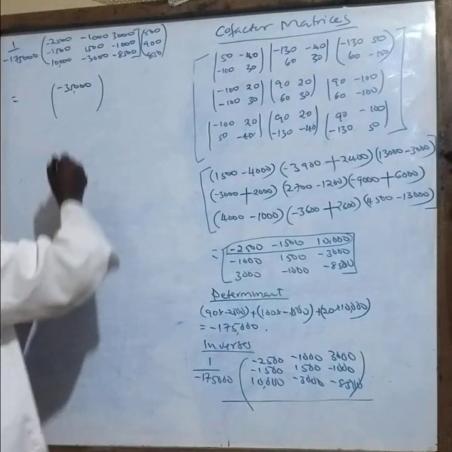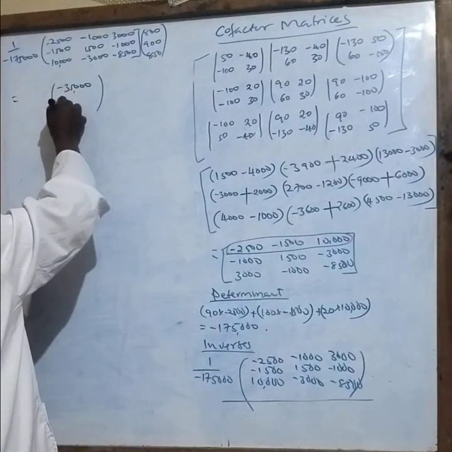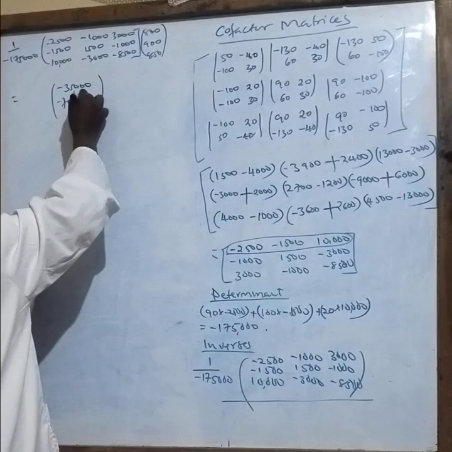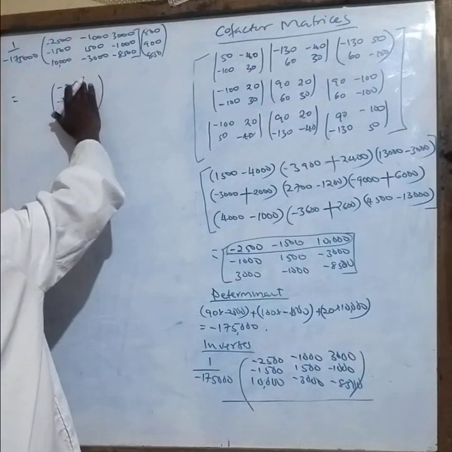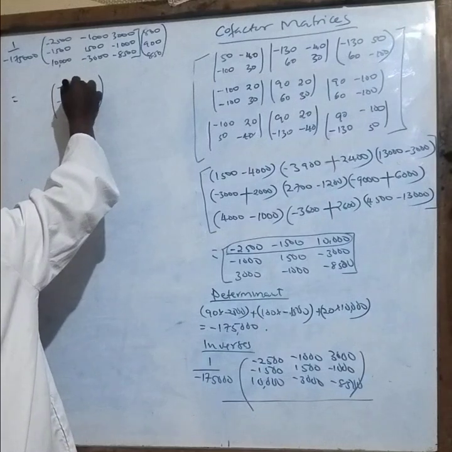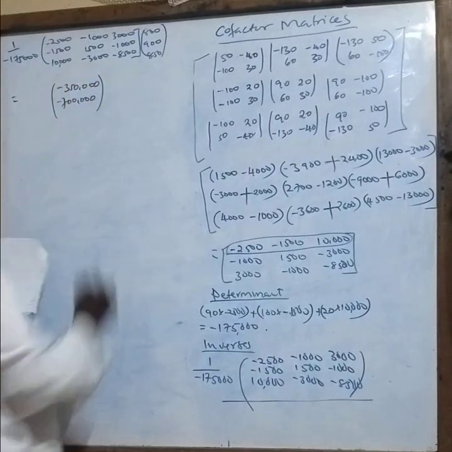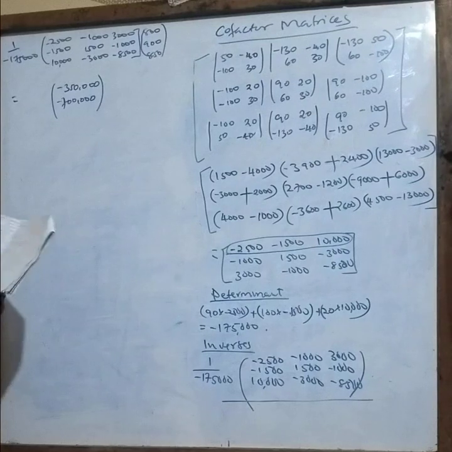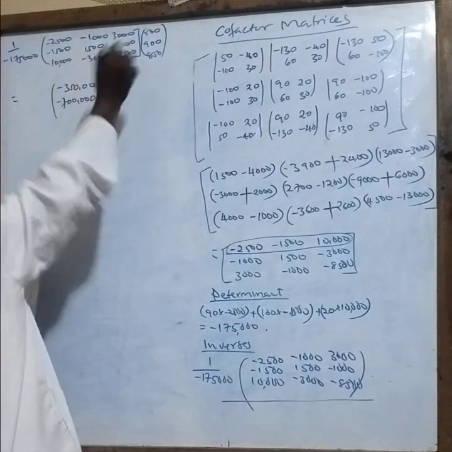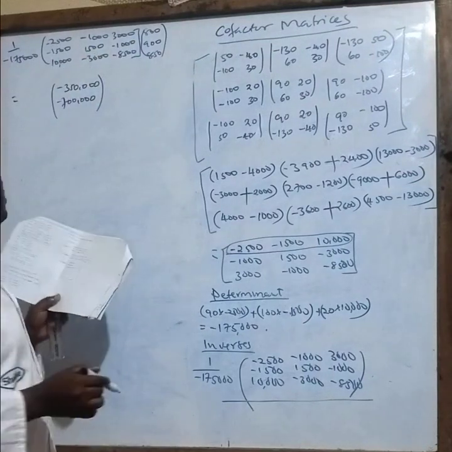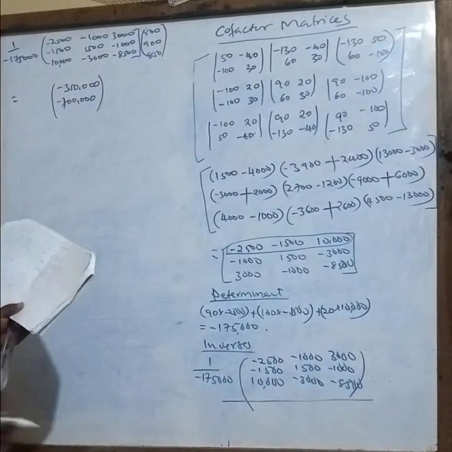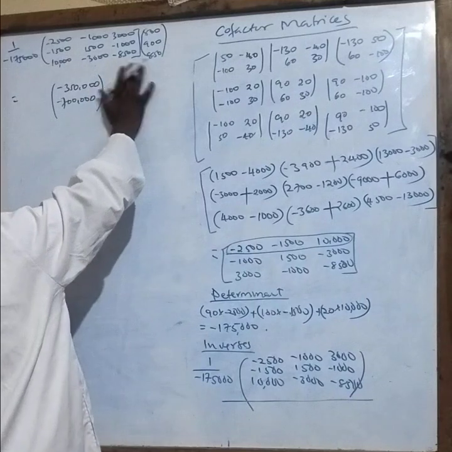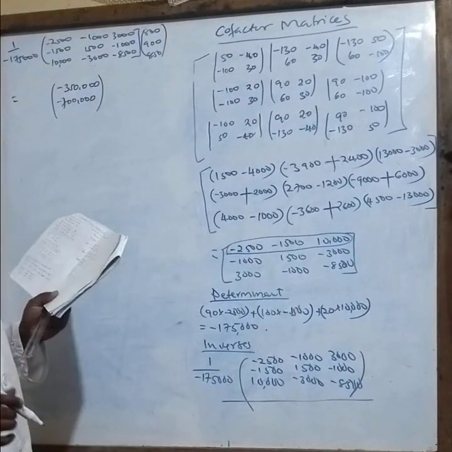Your answer is negative 700. The last one is now 10,000 times 800 minus 3,000 times 900 minus 8,500 times 850.